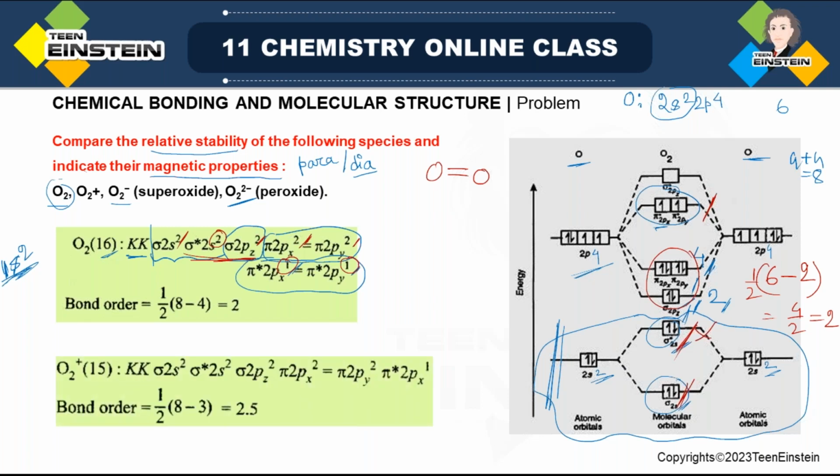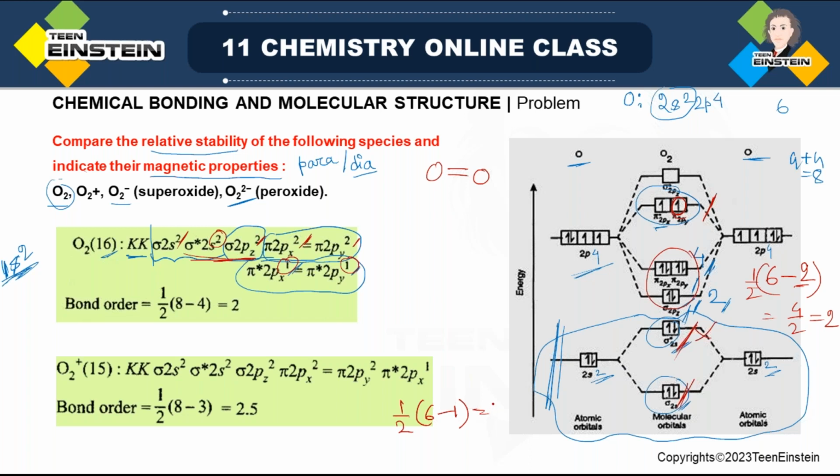Now what about the next species? For the next species, you can write it this way, or as it is O2 plus, that means 1 electron will not be present here, right? As we have calculated half 6 minus 2 for the O2 molecule, in this case it will be half 6 minus 1, because 1 electron is removed from anti-bonding.